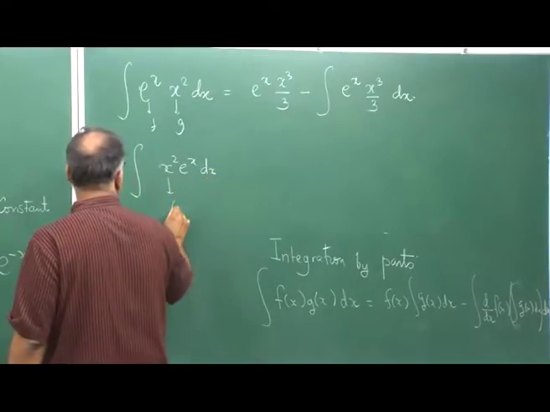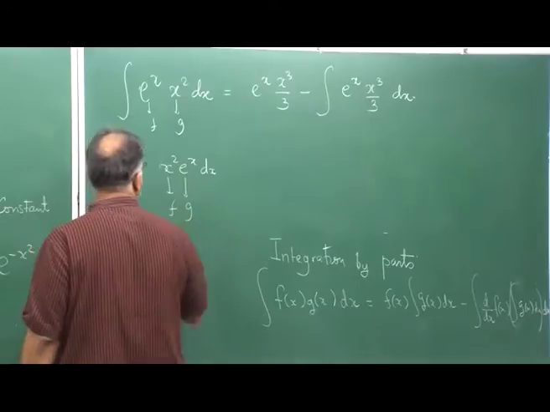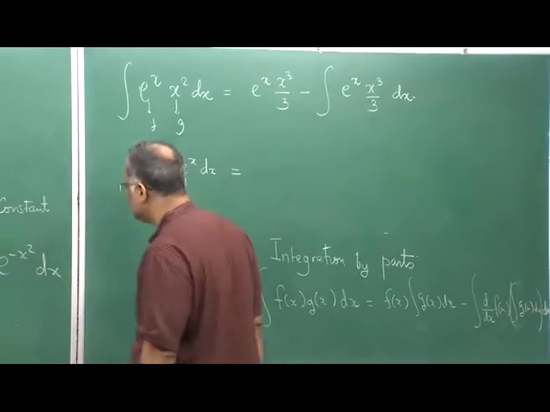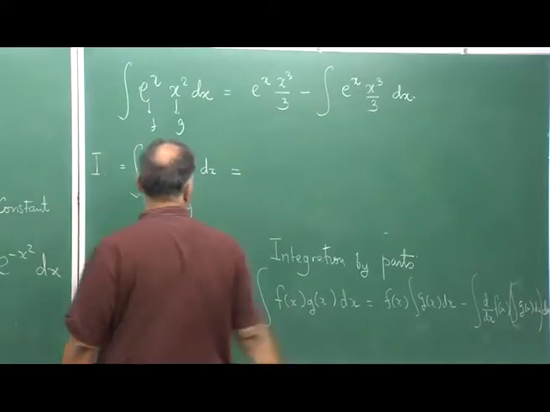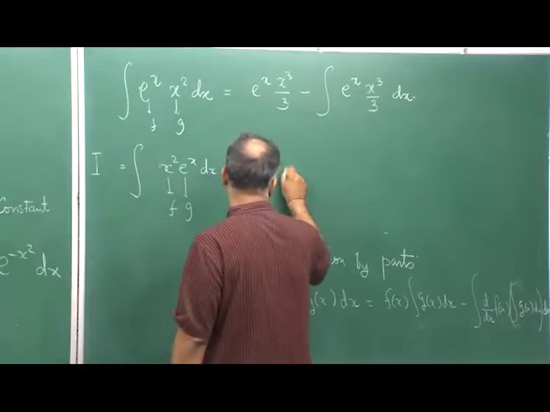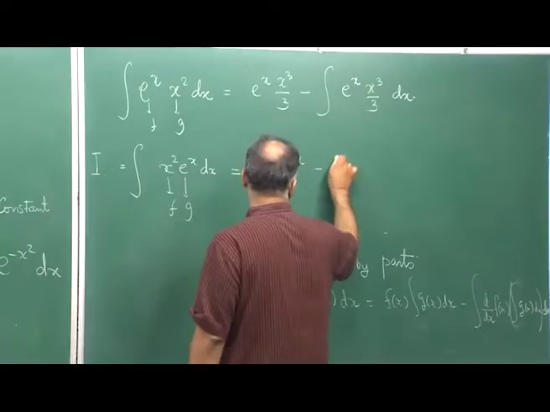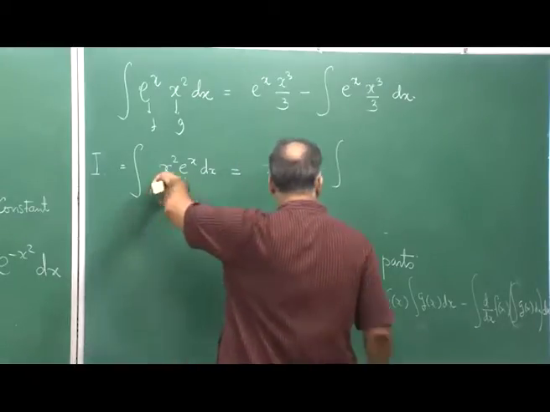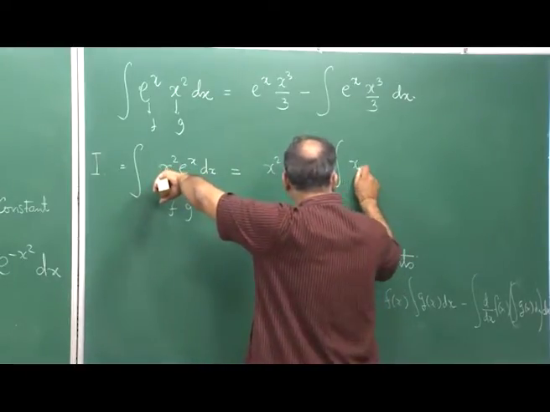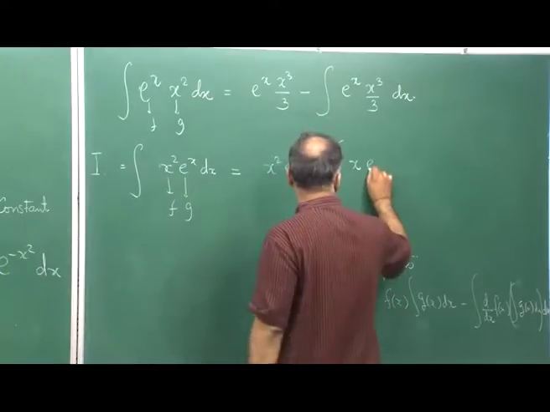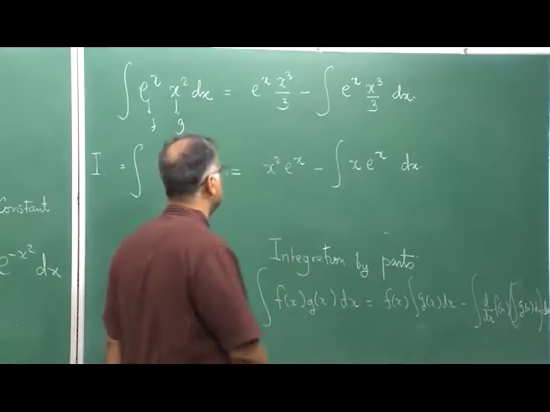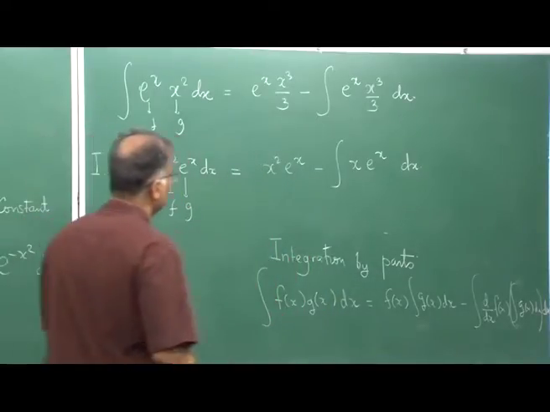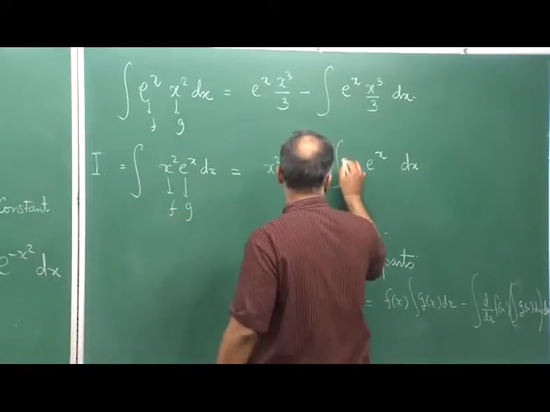So, this now becomes f and this now becomes g, and that would give you, let me call this the integral I. So, this will give you x square e to the power x minus, now if I take the derivative, my power of x goes down, 2x.